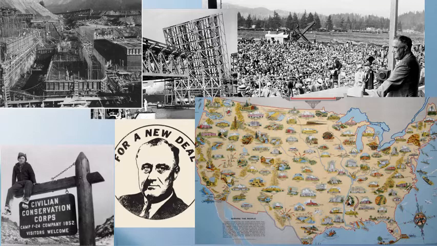So this downward spiral was only stabilized and then eventually ended when governments went off the gold standard fix, which gave them the freedom to have counter-cyclical spending to get the economy moving again.